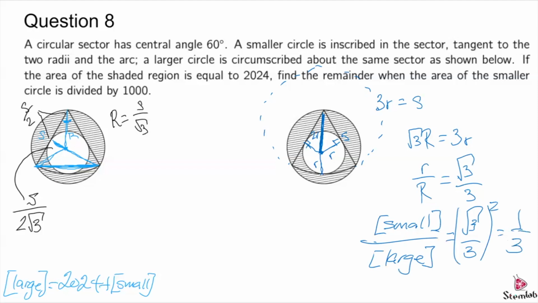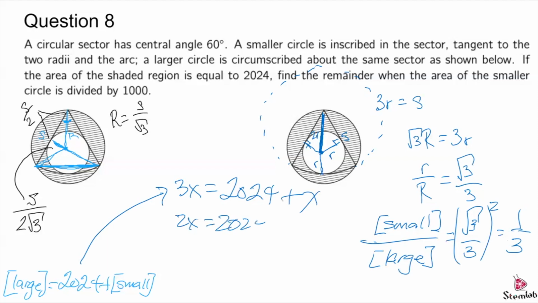If we let x be the area of the small circle, this equation turns into 3x equals 2024 plus x, or 2x equals 2024, so x equals 1012. We want x mod 1,000, which is the remainder when it's divided by 1,000. So x mod 1,000 is 12. The remainder when the area of the smaller circle is divided by 1,000 is 12.